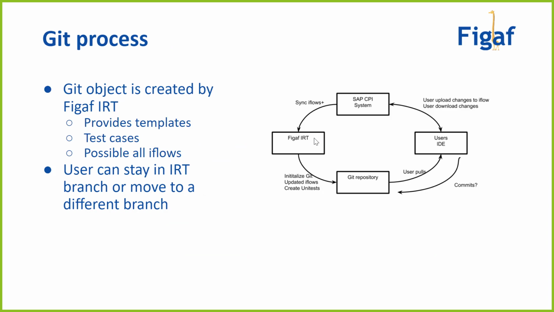Let's just talk about the Git process and how it works. So we have created the Figaf tool, and what it does is connect to your CPI system. It then downloads all the iflows, scripts, resources, and everything like that you have in your system, and does versioning of these things. So you can see, okay, you have created a new iflow.